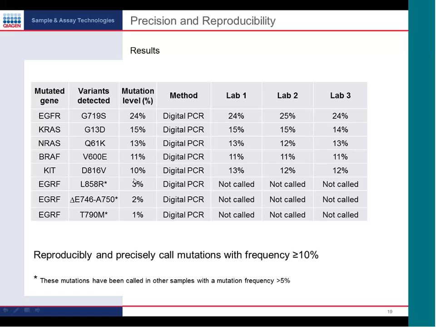However, if we look at mutations which are less than 5%, we are not able to call them using our online data analysis tool. The reason we are not able to call them is because the mutation is less than 5%. In another sample, for a similar mutation, if it is present at more than 5%, we were able to call it using our Sample to Insight solution.